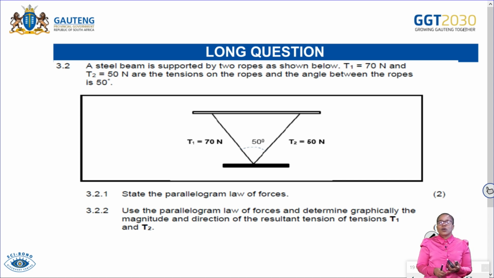If two forces are acting at a point, then these can be represented by the adjacent sides of the parallelogram, in magnitude as well as in direction. Now, the diagonal from the point of action therefore represents the resultant of the two forces. Okay? Let's write it down.